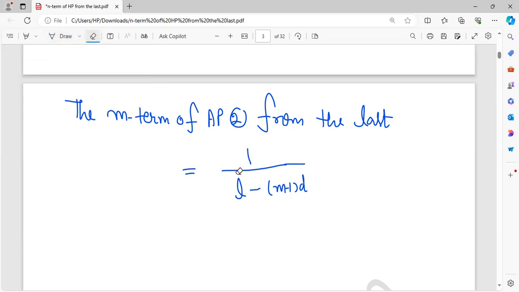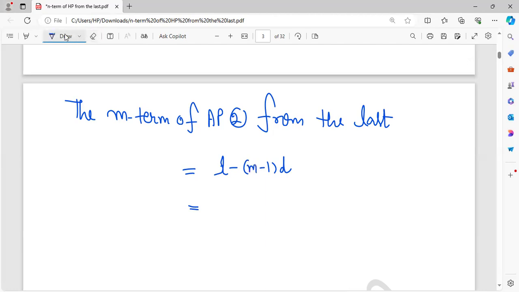The mth term of AP 2 from the last is given by L minus (m minus 1) into d.